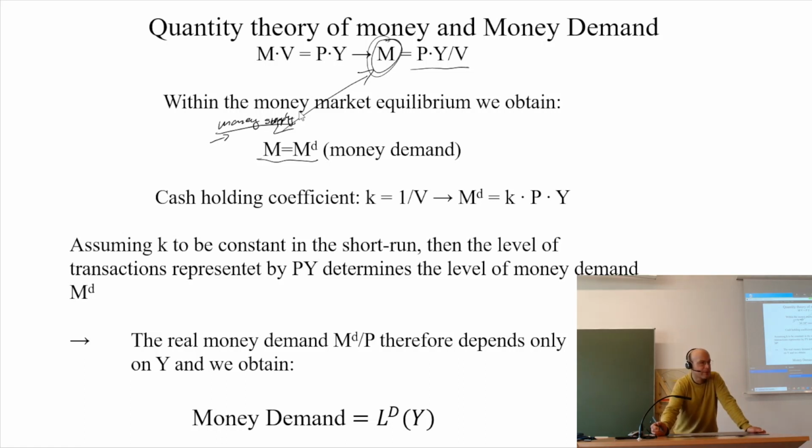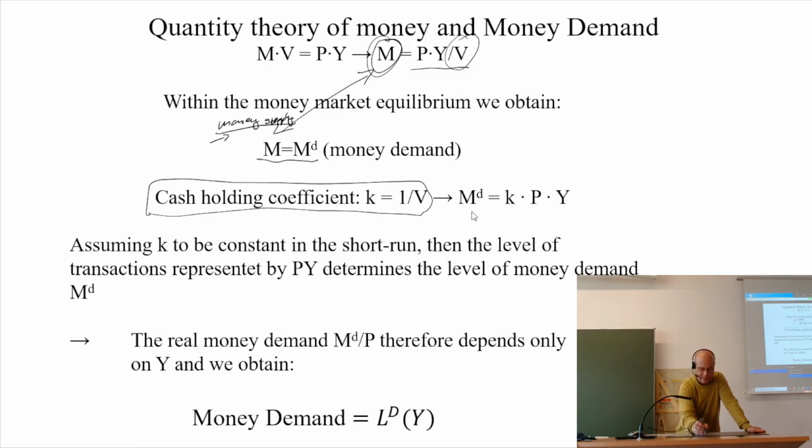And quite often you find that we define this by dividing by the velocity, so that we write this as a new variable k, called the cash holding coefficient. Then money demand is the constant, because in the short run V is more or less constant, times the price level.